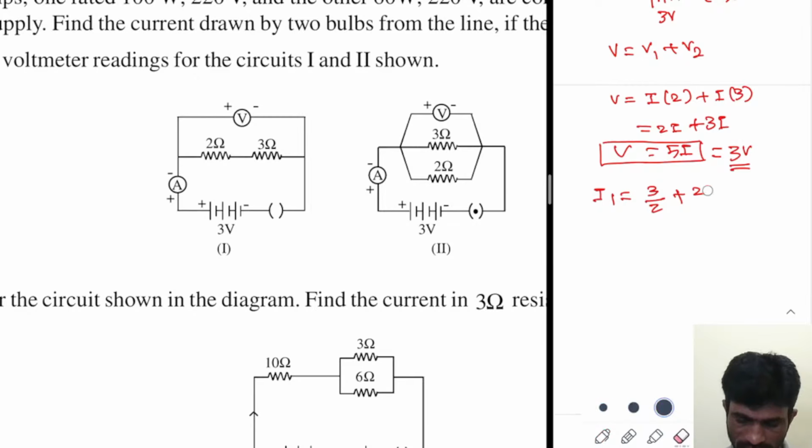What is the current formula? Current is equal to V by R. So 3 by 2 plus 2 by 2, which is 5 by 2. We want voltage.